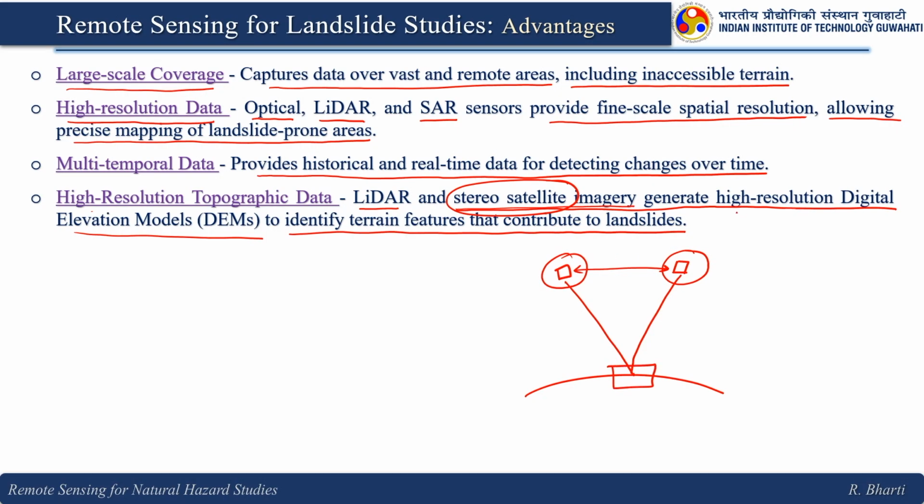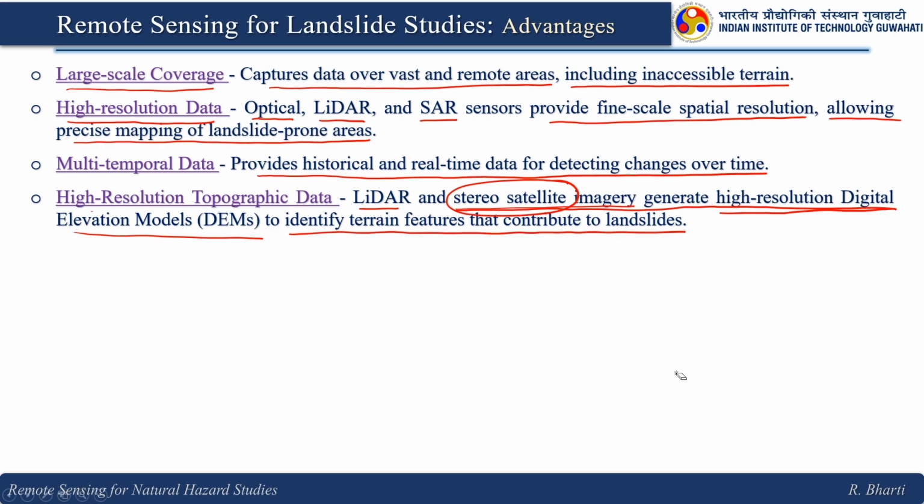Similarly, when you have the stereo satellite images captured from two different positions, we will be able to generate a high resolution digital elevation model, and the digital elevation models are basically your x, y, z values. X is your latitude, y is your longitude and z is your elevation. So, that information will be used further for slope and aspect calculation.